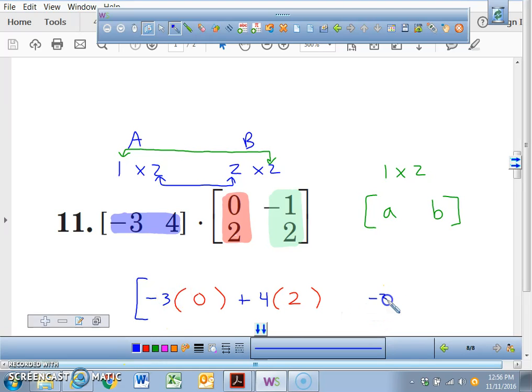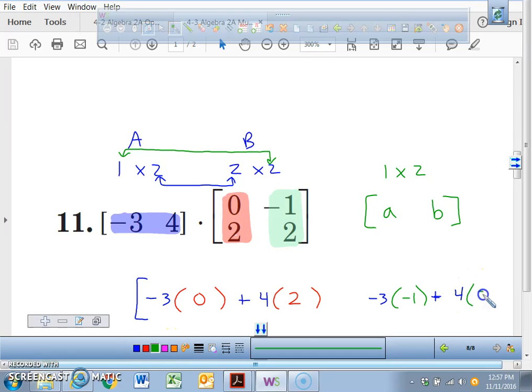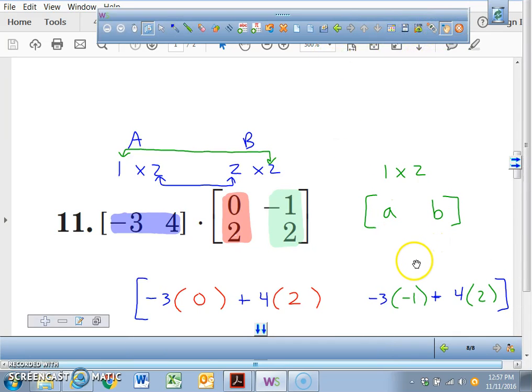We're going to start with negative 3 once again, but this time we're taking the negative 3 and multiplying it to the negative 1, plus 4 times 2. So here we go. Let's check this next one out.